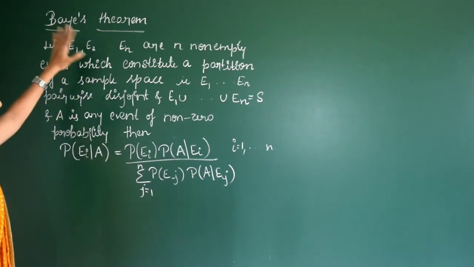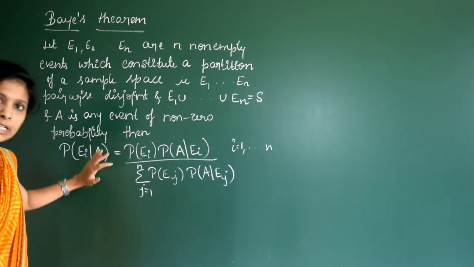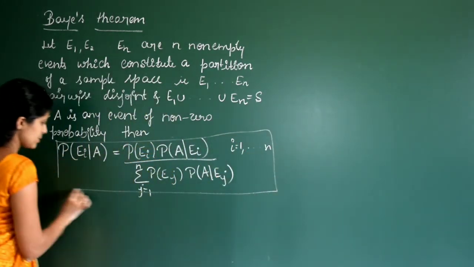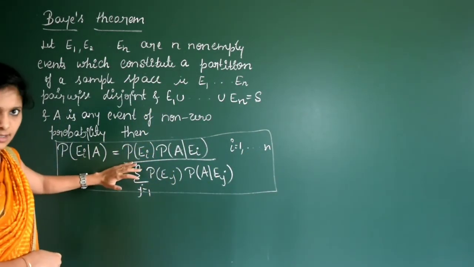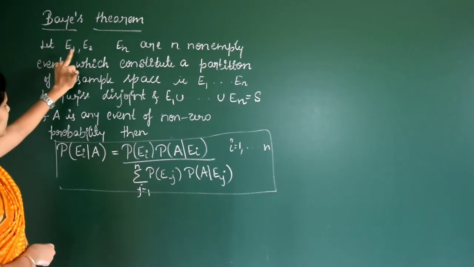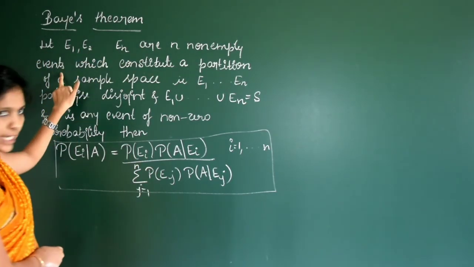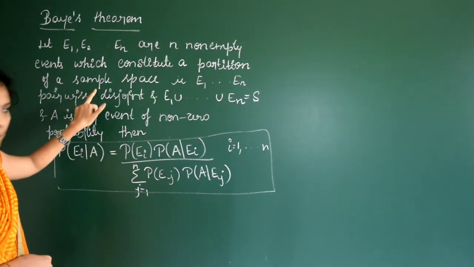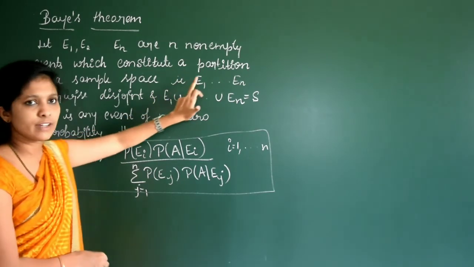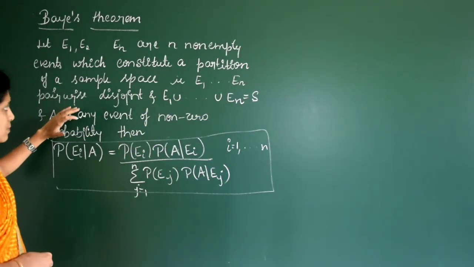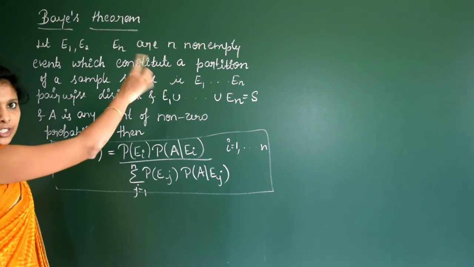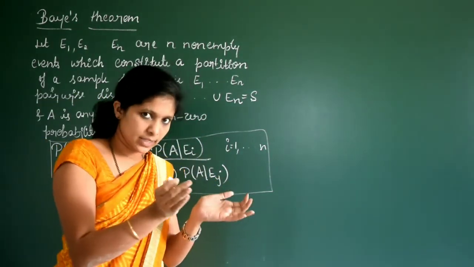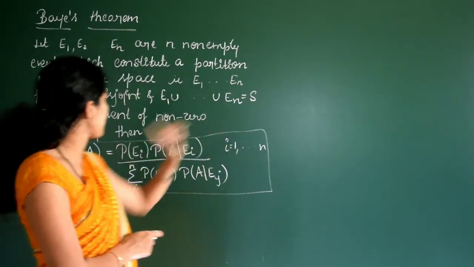Now we'll see the Bayes theorem. This is the formula and we'll be using it to solve the problems, and the proof is also simple. Within two steps we'll get this answer. What is given? Let E1, E2, En be non-empty events which constitute a partition of the sample space, that is, E1, E2, En give you the sample space and are pairwise disjoint. The intersection of any two events will be empty, and if you take them together they give you the sample space.